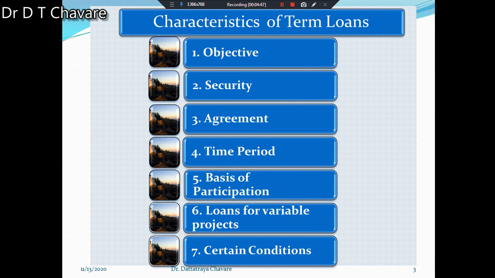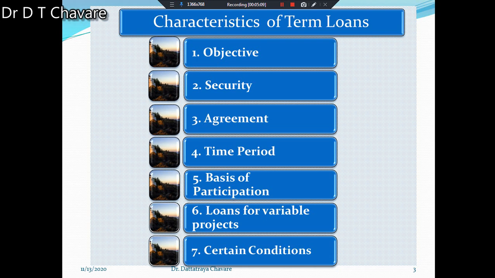The project and the capacity of the borrower to repay are taken into consideration. Usually, repayment starts after 2 to 3 years from the date of sanction. Some penalty is imposed in case of default in repayment. That is also another characteristic of term loan.